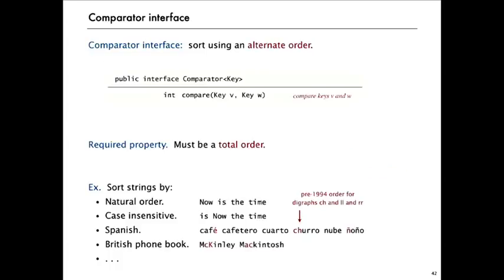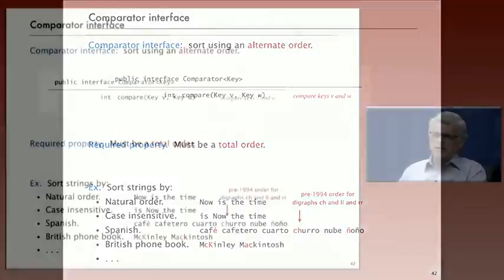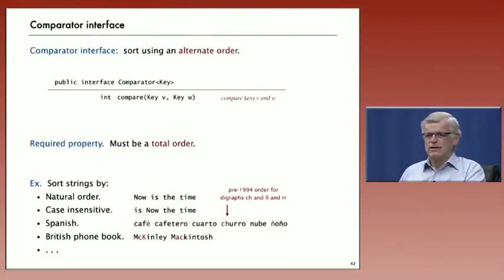But there's a different interface called the comparator interface, which is a way to help us sort using some alternate order or many different orders on the same data. And the comparator interface, again, just says that it's going to implement a method compare that compares two different keys of a given type, of the generic type. Again, it has to be a total order.